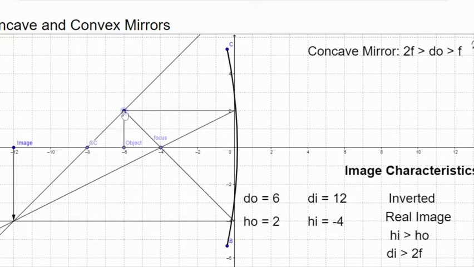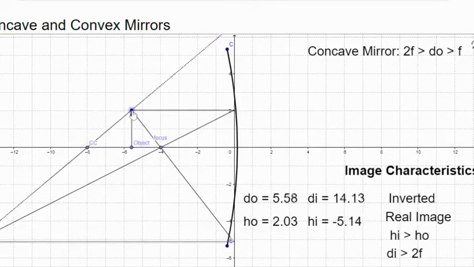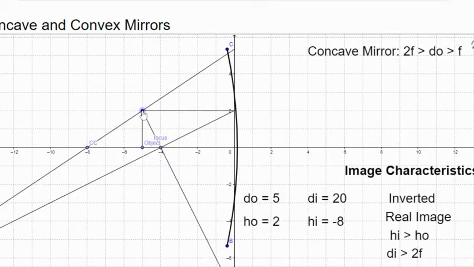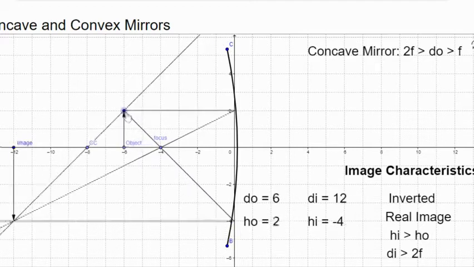And if we continue to keep the object the same size, but move it closer and closer, you can see that the image now is so far away, we can't even see it on this screen here. The space provided by this simulation does not allow us to see it. It was visible, and now it's not.